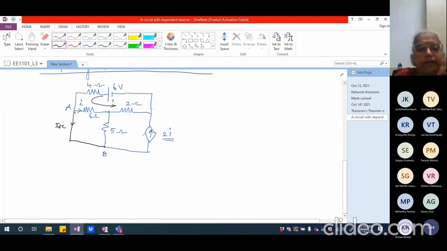So I might call this I1, this I2, and this I3. First thing I want you to notice is I2 is same as 2I, because I2 is flowing through this particular branch which is same as 2I. So I2 is 2I. There is no doubt about that, right?